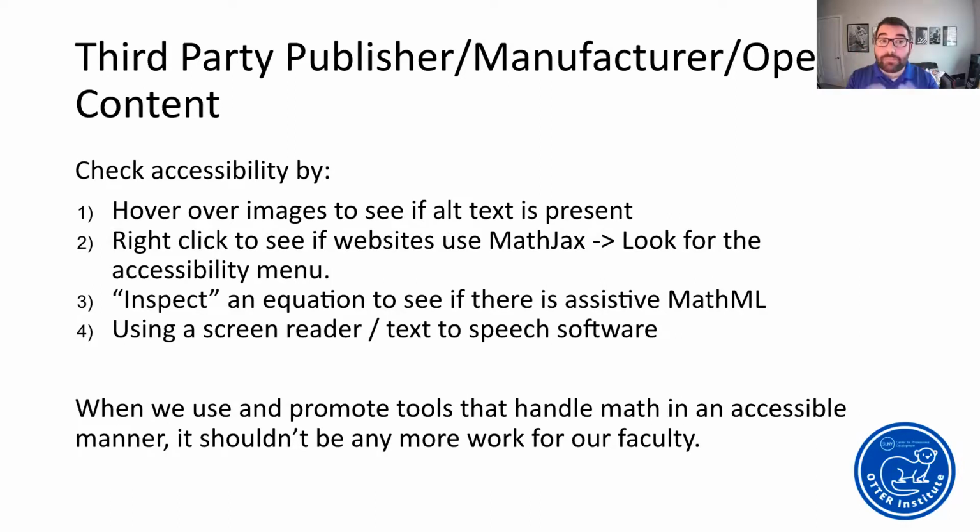Now, if you look at Pearson MyMathLab today, they have libraries of content that are accessible, and they have entire libraries of content that are still inaccessible. And because these courses are often being built by instructors who are going off and purchasing it on their own or forcing their students to purchase it as part of their textbook costs, we need to have that conversation with them.